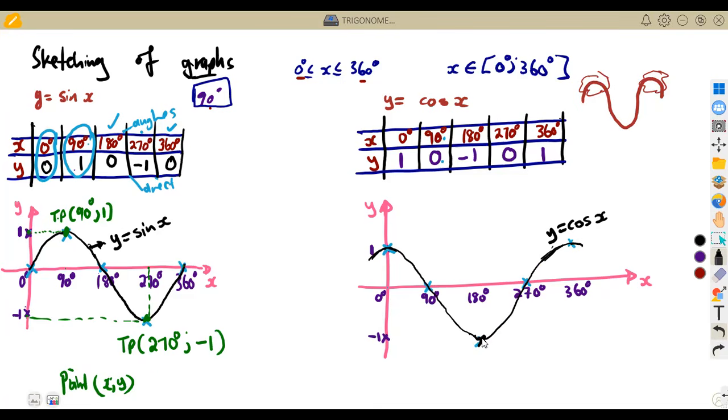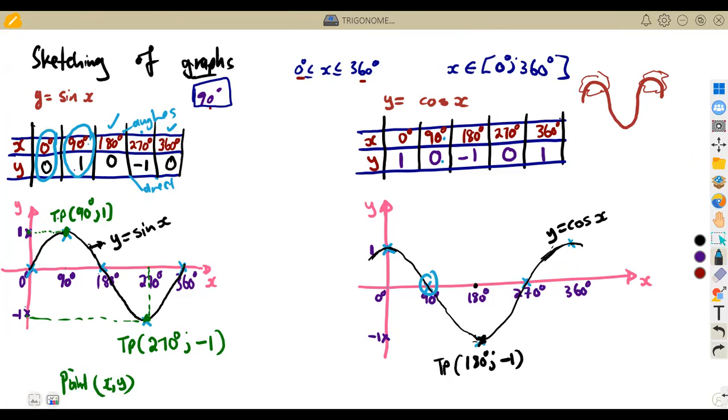So meaning to say this is the visible turning point at x is 180 versus -1 for y. This is the point that corresponds there. So at this point, x is 180 degrees, y is -1. It's a turning point that we are seeing there. Where the graph meets with the x-axis here, these are the solutions.